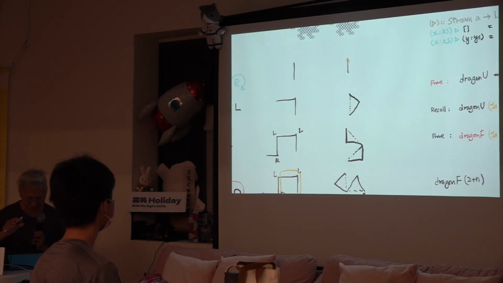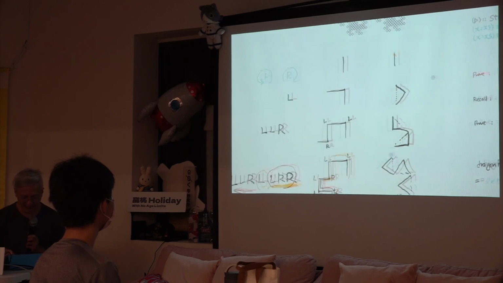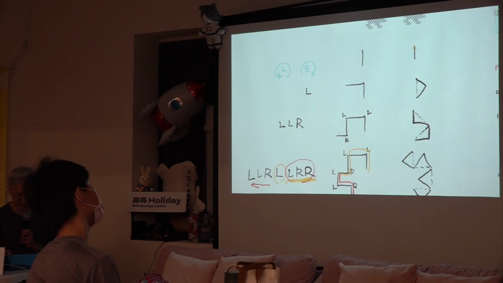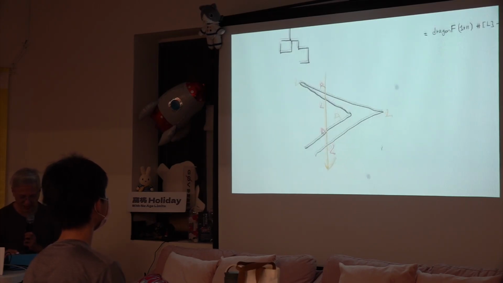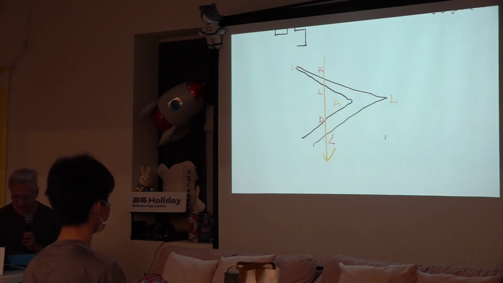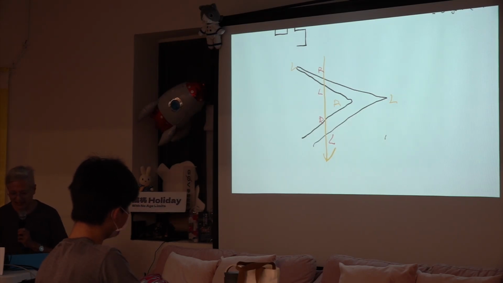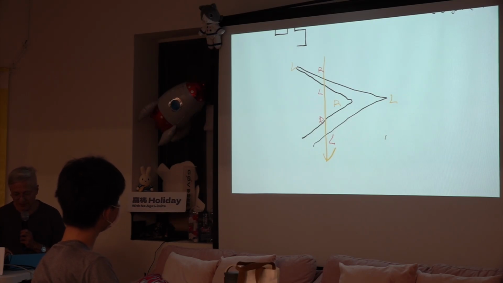Again, this is L, and the next one is L, L, R. What's the rule here? If you look at this picture, you see the yellow ones first. So this L, R was the previous curve, L, L, R.